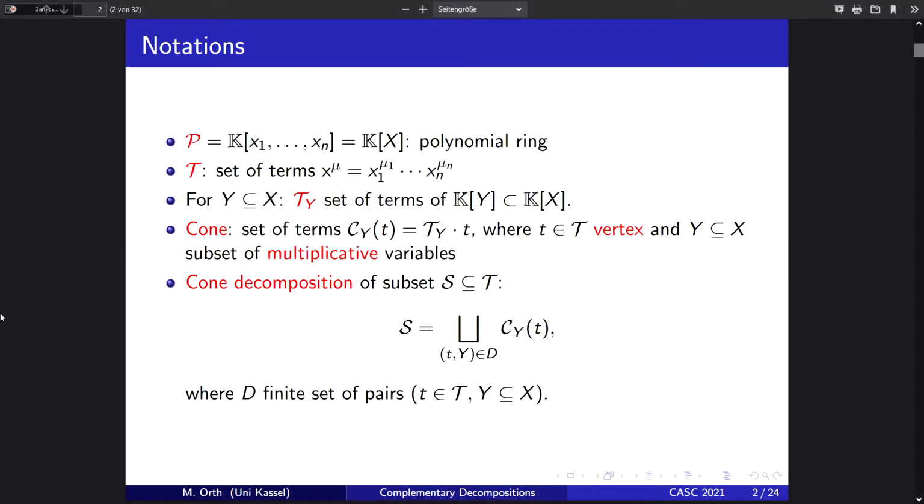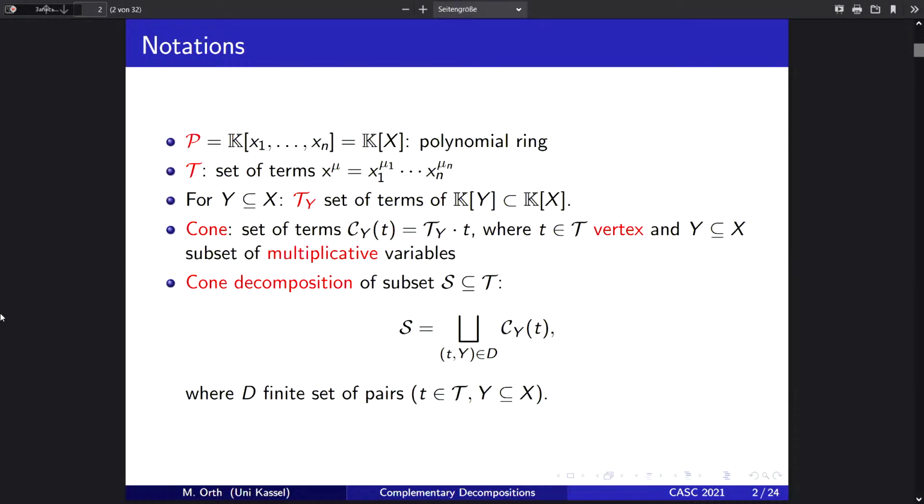For a subset of variables y, we denote by T indexed y the set of terms of a subring only on the variables y. And a cone will be a set of terms supported on a vertex term t and all its multiples with respect to a restricted term set T_y, where y are the multiplicative variables. A cone decomposition of a subset S of the set of all terms is a decomposition into a finite number of cones of this set S.